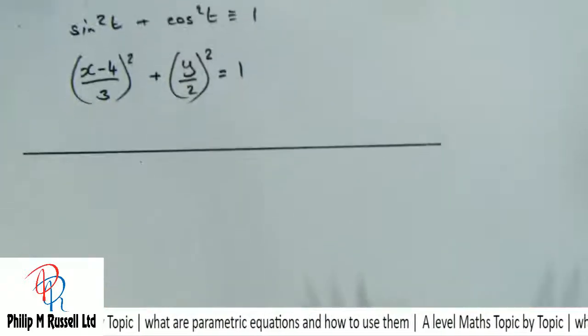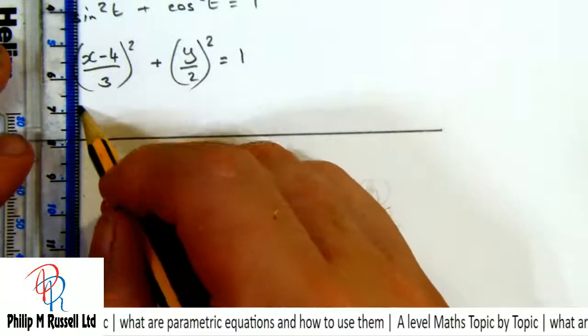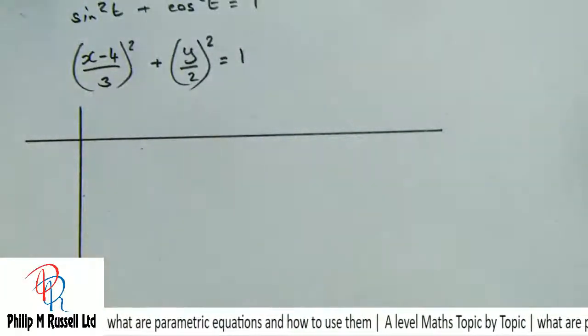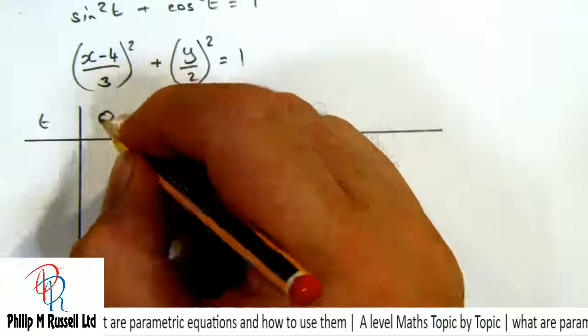Now the table of values we can work out with a calculator, or we can just try and do these in an approximate way. I'm going to look at some values. Let's look at 0.